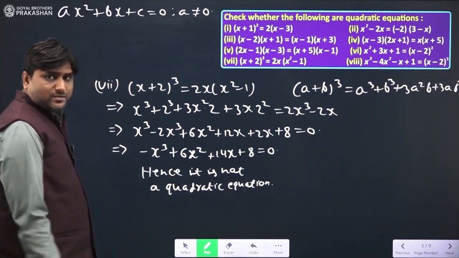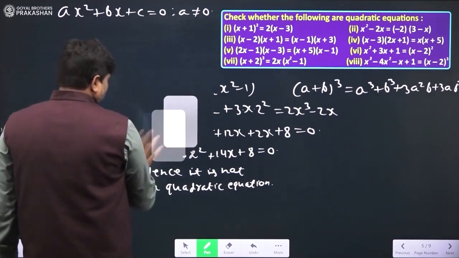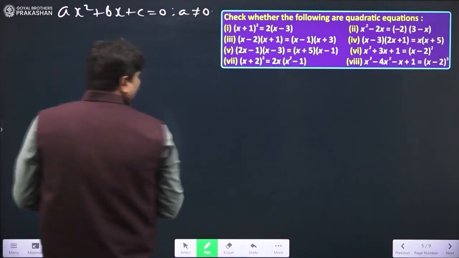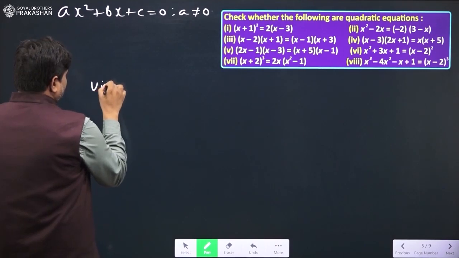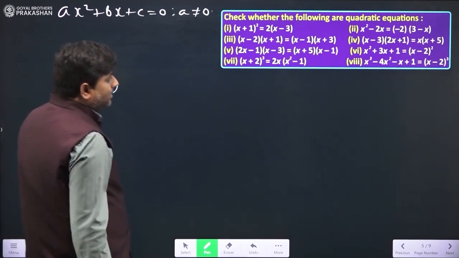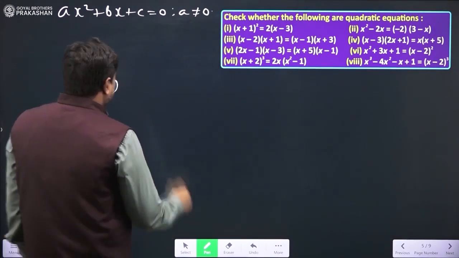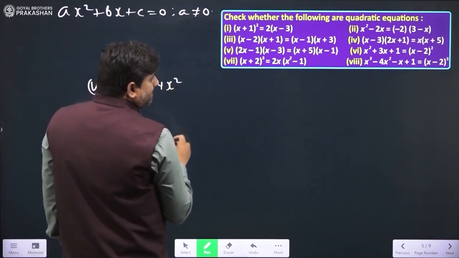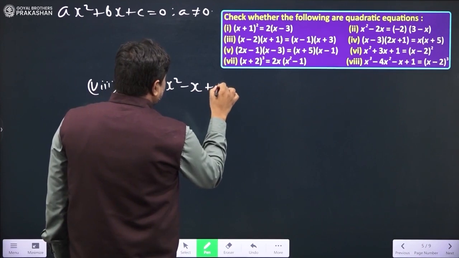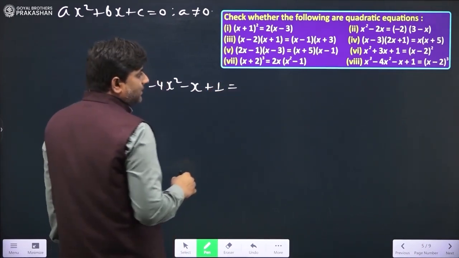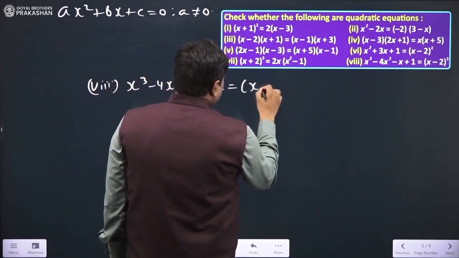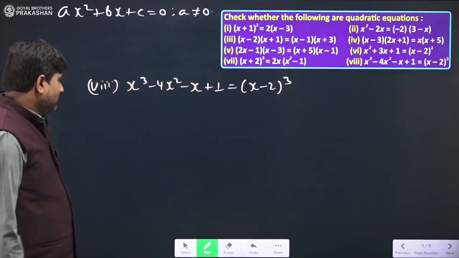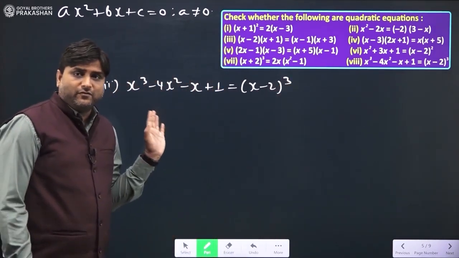Now moving to last part of the question. Eighth part, it is x cube minus 4x square minus x plus 1 is equal to x minus 2 whole cube. So LHS is already in simplified form.